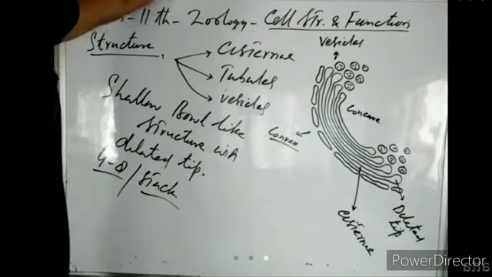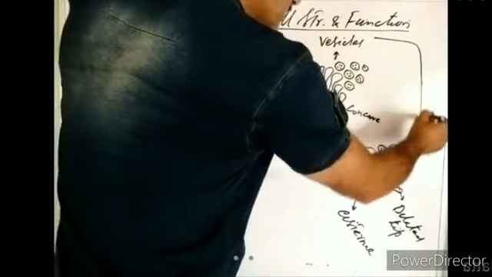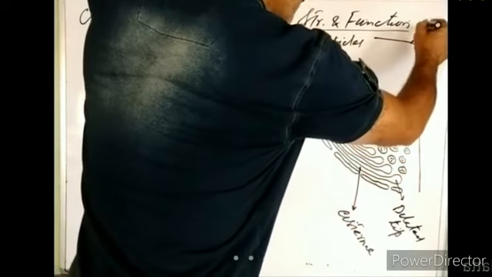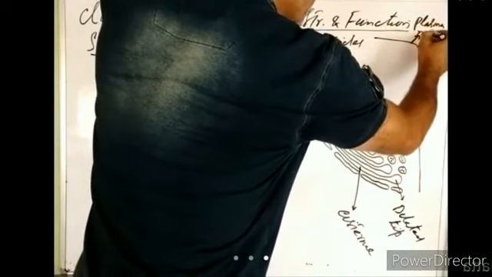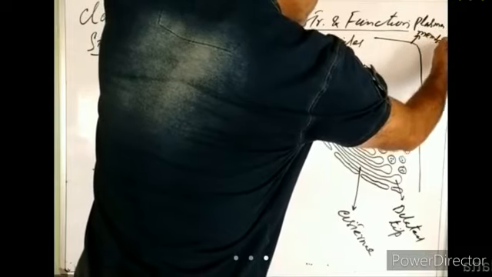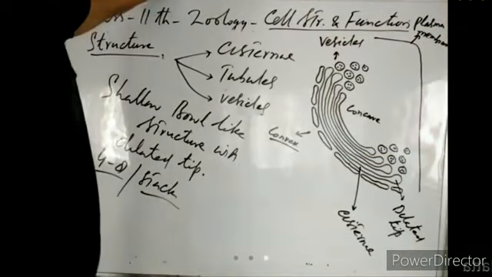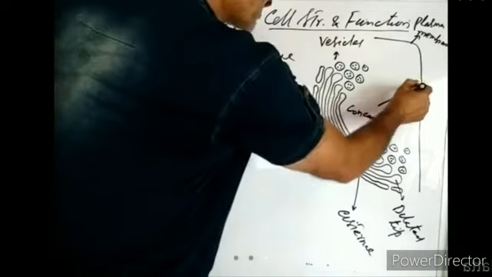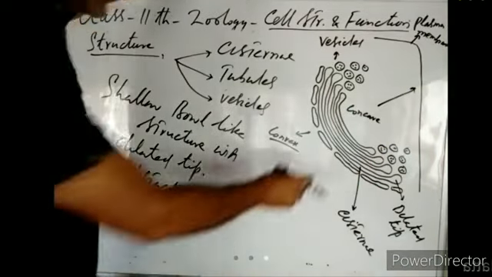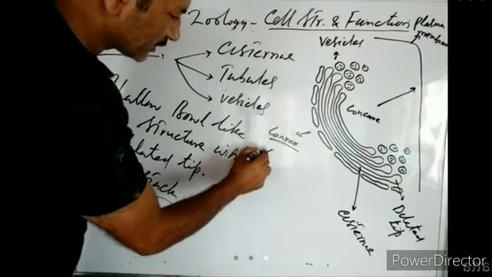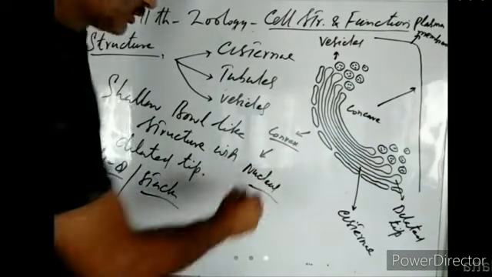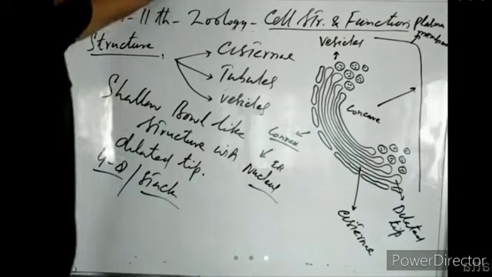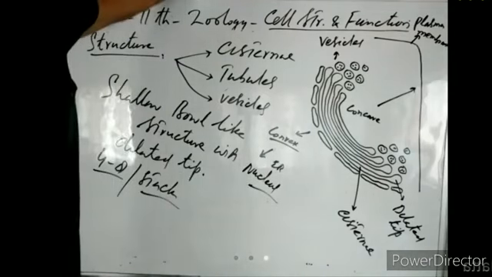This concave face is always towards the plasma membrane of the cell, whereas the convex face is directed towards the nucleus or ER, right?